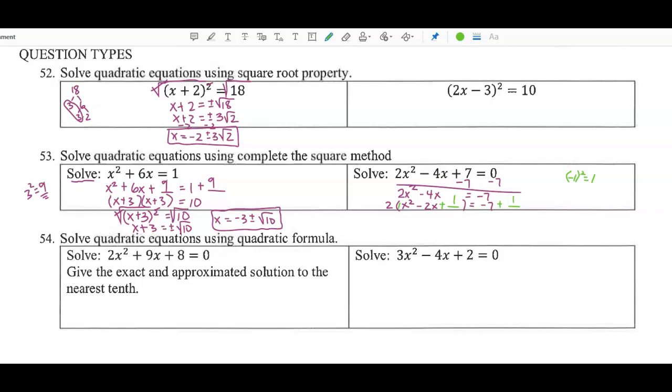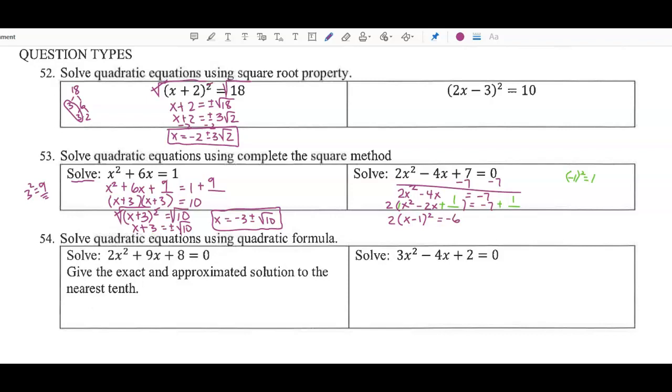All right. And so here, this is a perfect square trinomial now, which ends up being, we've got the 2 on the outside, and then x minus 1 all squared, because this factors to be x minus 1 times x minus 1, and then that equals -6.